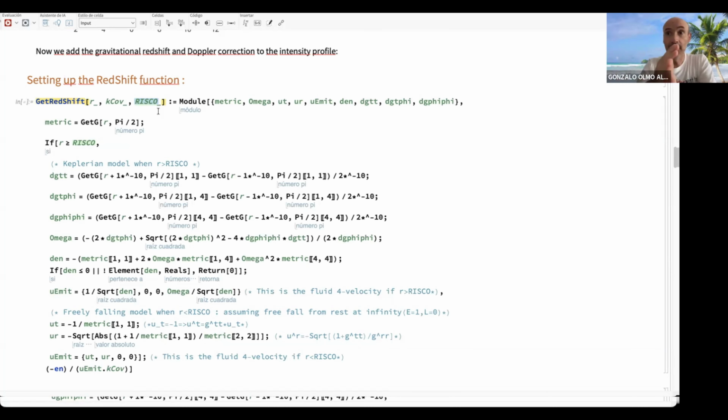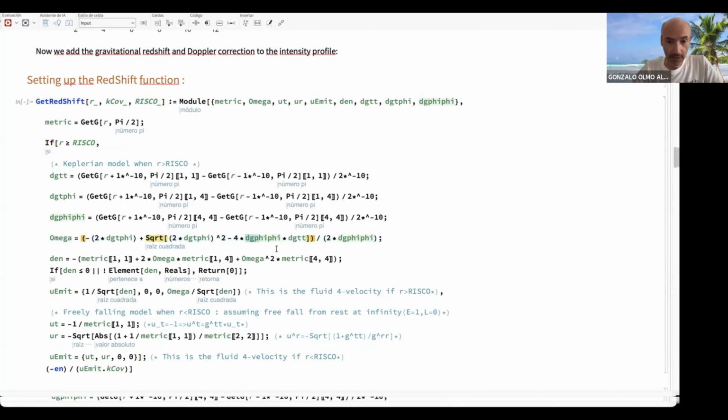For radii larger than the ISCO, I will assume that the disk is rotating in circular stable orbits. So it's Keplerian, simply rotating with some angular velocity that is determined by the theory. That angular velocity omega is given by this expression that one can obtain in Kerr-like metrics.